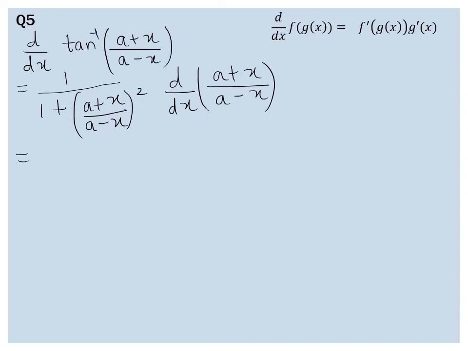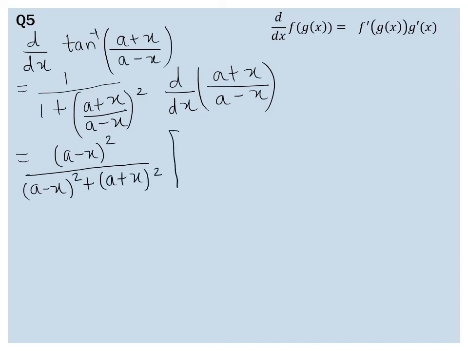Simplifying this first term, (a minus x) whole square, the denominator of the denominator, is shifted to the numerator, so it is (a minus x) the whole square upon (a minus x) the whole square plus (a plus x) the whole square. Now into the derivative of this a plus x upon a minus x.